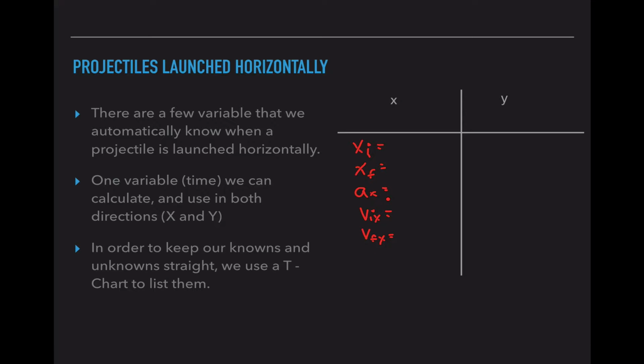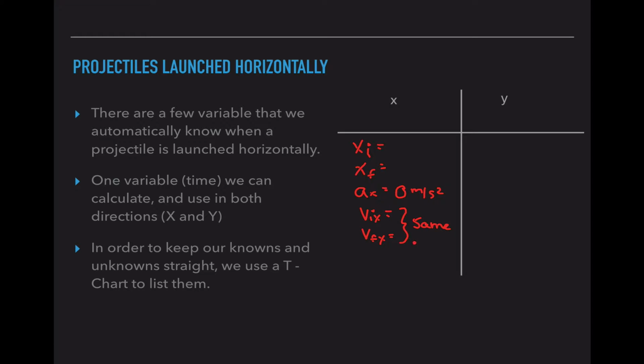So of all these variables, we automatically, no matter what, know that ax is 0 meters per second squared, because we are ignoring air resistance and we're ignoring the things that are acting on that object other than the initial velocity that we pushed it off the edge of the cliff or the edge of the table with. Since that is 0, these two numbers have to be the same.